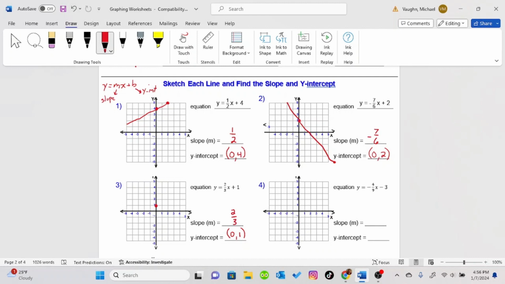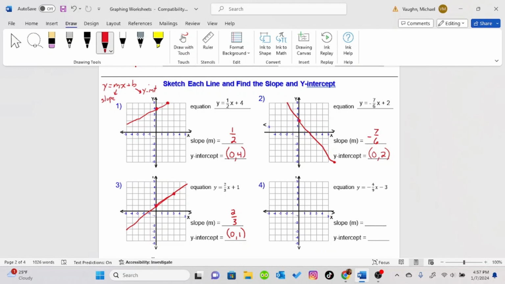That tells us to start at the intercept, go up 2, and right 3 to make our next point. Now that we have 2 points, we can draw the line that connects them, and we've graphed this equation.